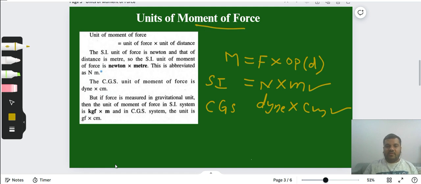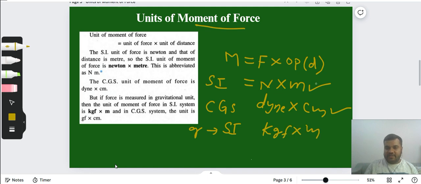But sometimes the force is considered in gravitational units. In the SI system, if you take the gravitational g, the unit of force is kgf, multiplied by meter as usual.